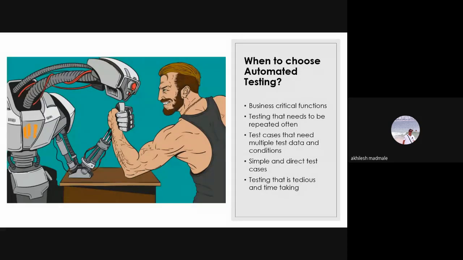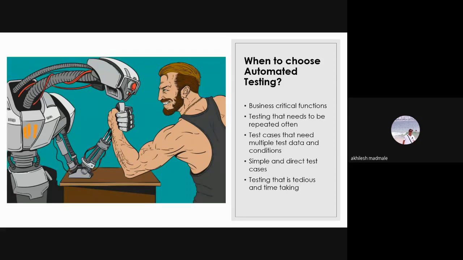If the test case is simple and direct, in that case as well you can use automation testing. If something is really complex in nature, really difficult to automate, those test cases will be tested manually.